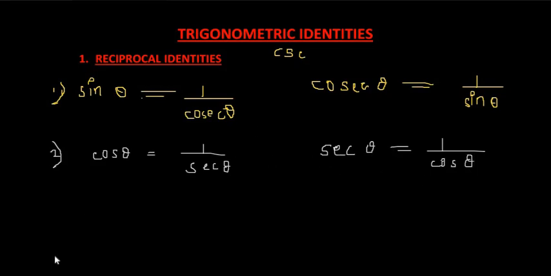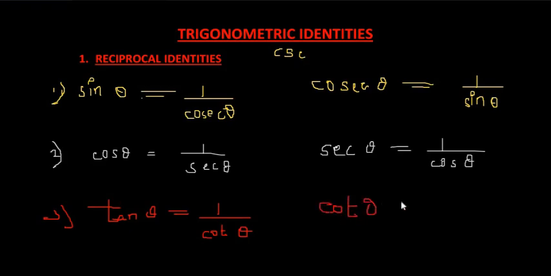Finally, you have the third one, that is tan theta. The reciprocal of tan theta is 1 over cot theta. Similarly, if you have cot theta given, you can always write its reciprocal, which is 1 over tan theta.